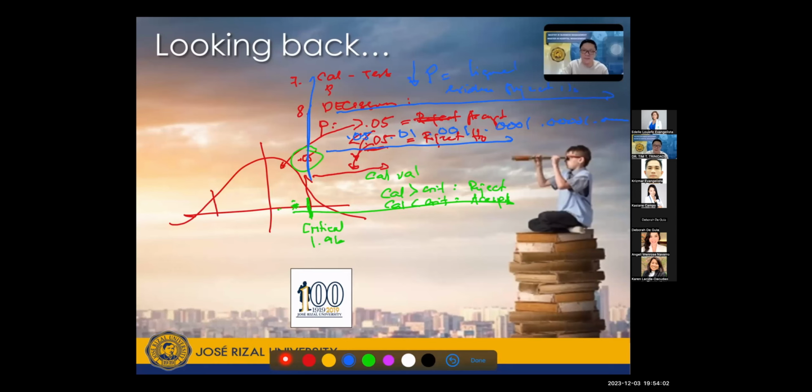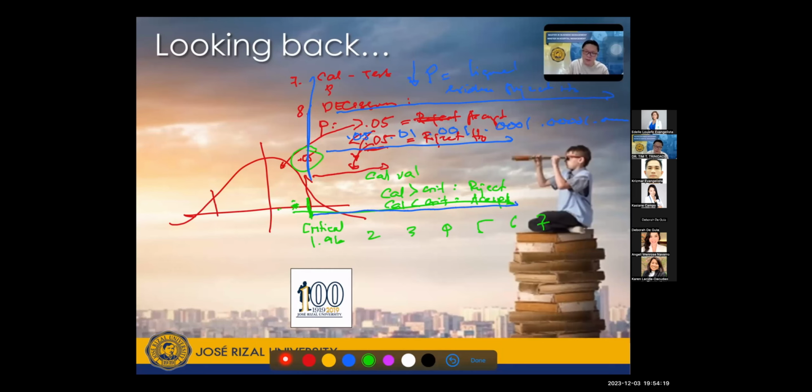While your calculated value, as you go away from 1.96, becomes 2, 3, 4, 5, 6, 7.